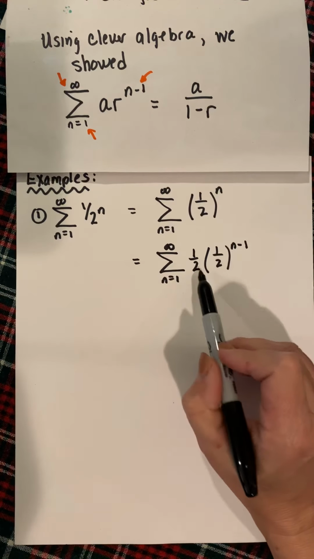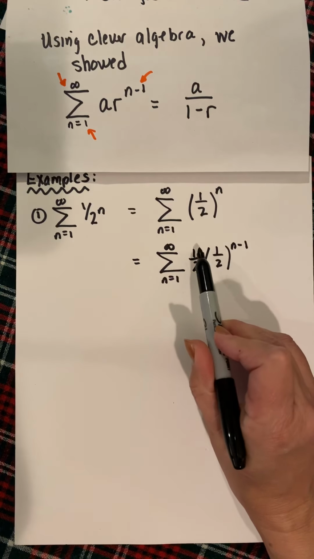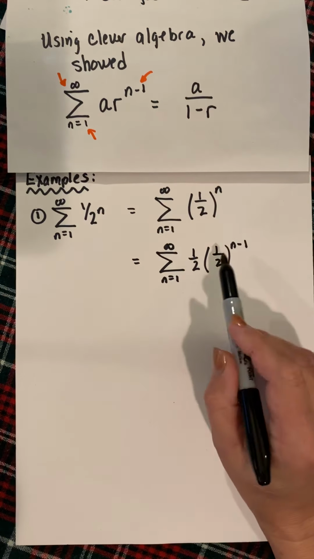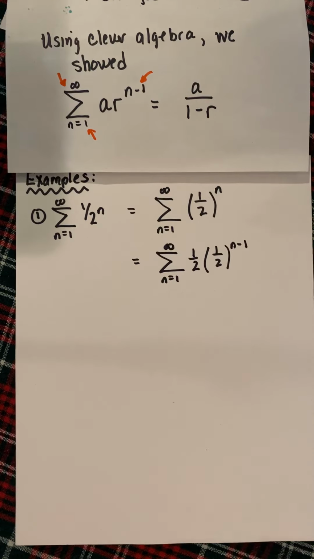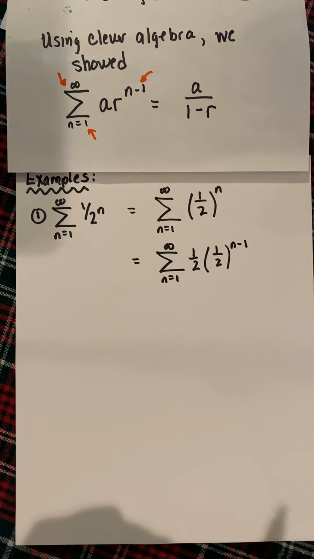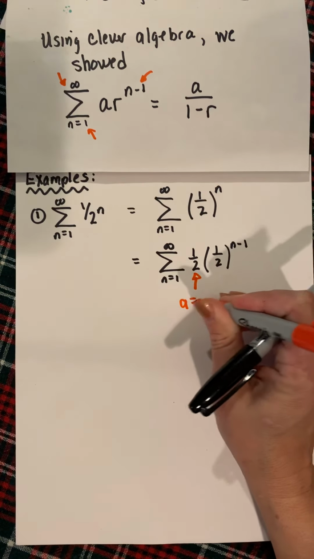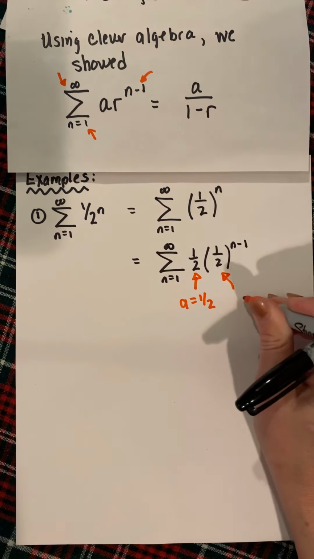If you think algebraically, we have the same base here. The power here is 1, the power here is n minus 1, so 1 plus n minus 1 gives us n. Now this is important because this now matches the template for the geometric series. So now we would say a is 1/2. R is also 1/2.